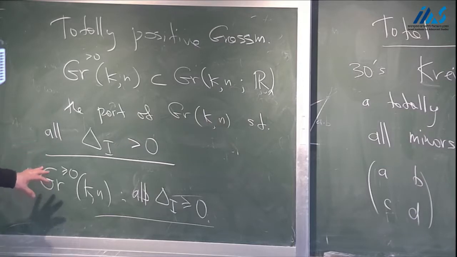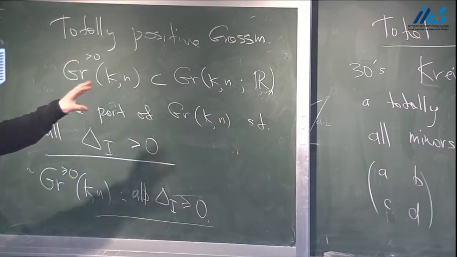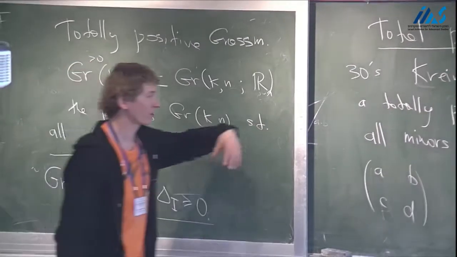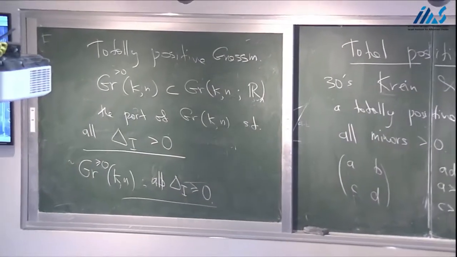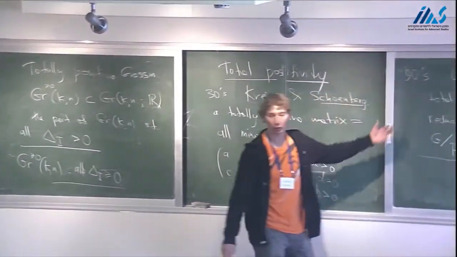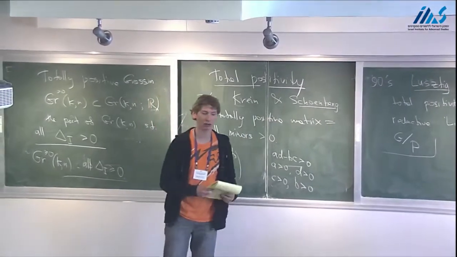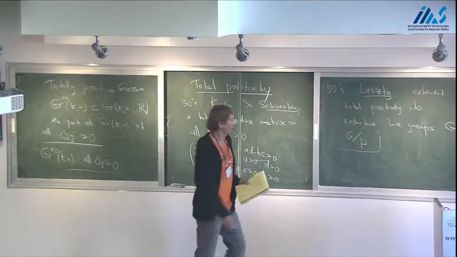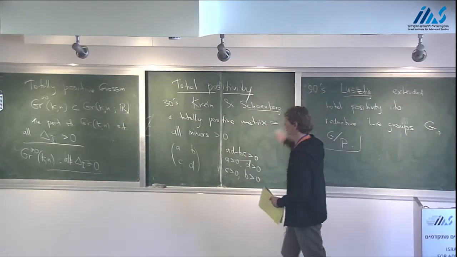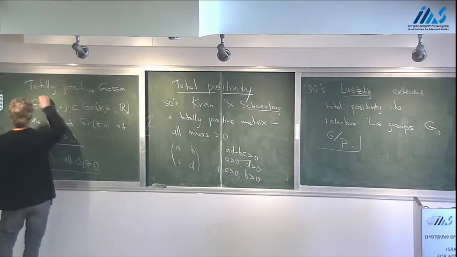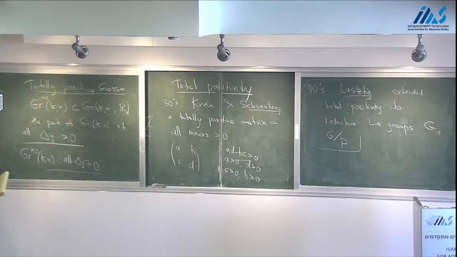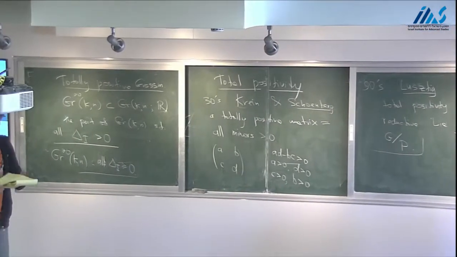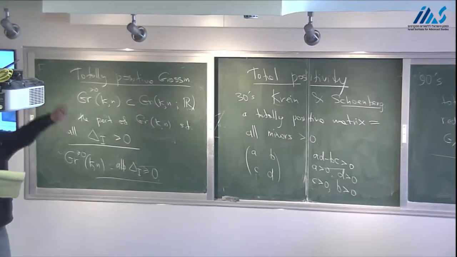Actually, this object coincides with what Lustig would call the totally positive Grassmannian, the totally positive part of the Grassmannian defined through Lustig's approach, but that's a non-trivial fact. It requires some non-trivial lemmas. It's true, but it's not obvious. Okay, and in these lectures, I'm going to use just this elementary, naive way to define the totally positive Grassmannian. Okay, so let me give you a few examples.